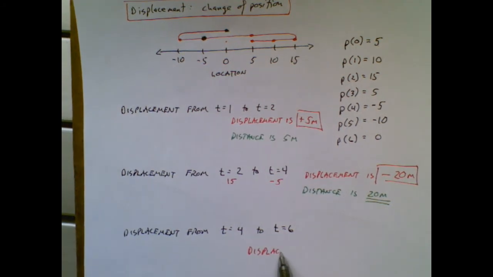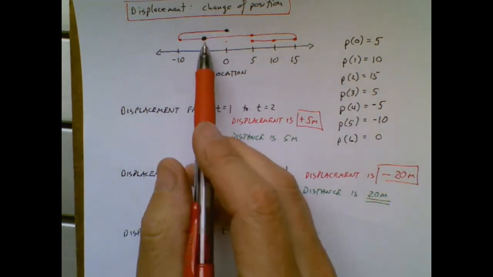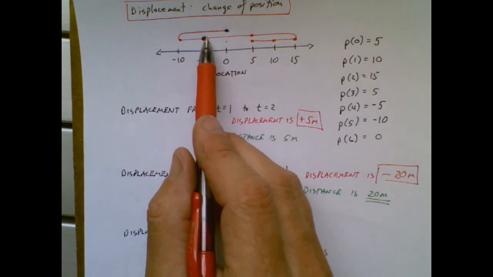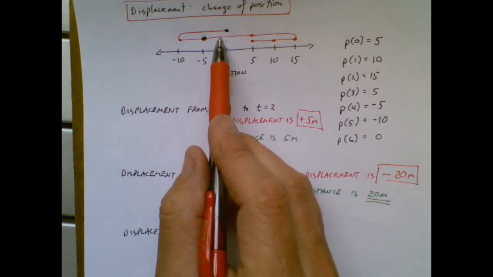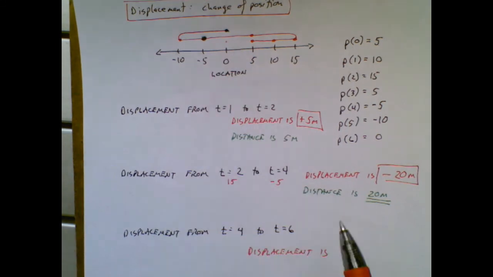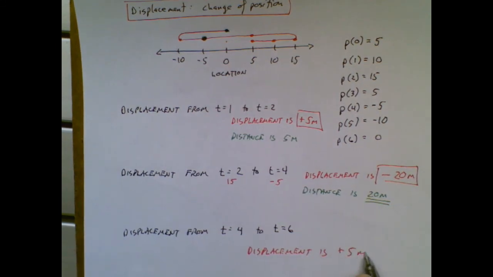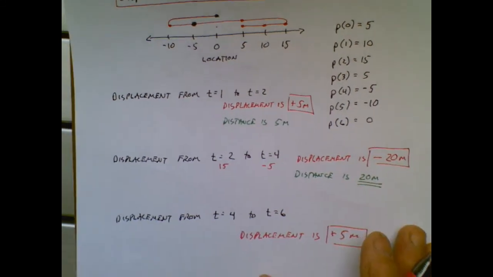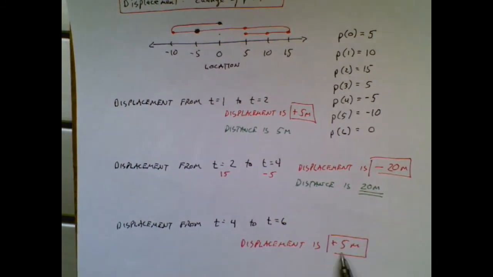So in this case, I just look at the beginning location and the ending location. I was at negative 5. I ended at 0, which means I have a change in position of 5 meters. And it's positive because I end up going to the right or ending right of where I started.